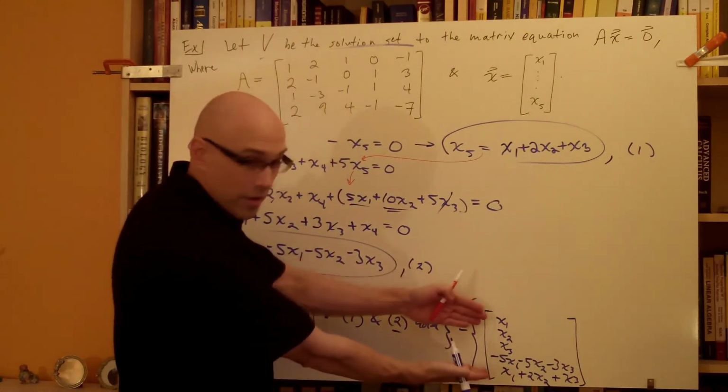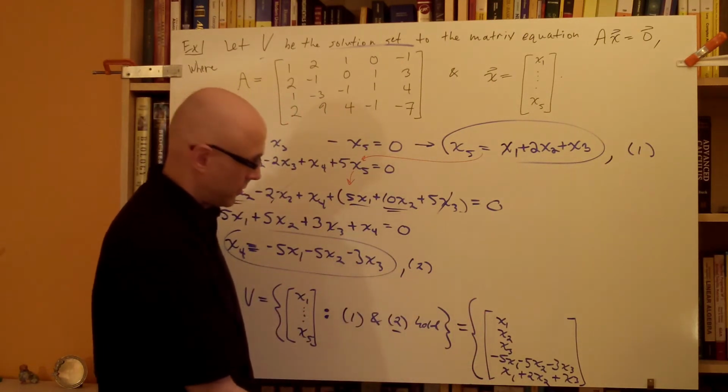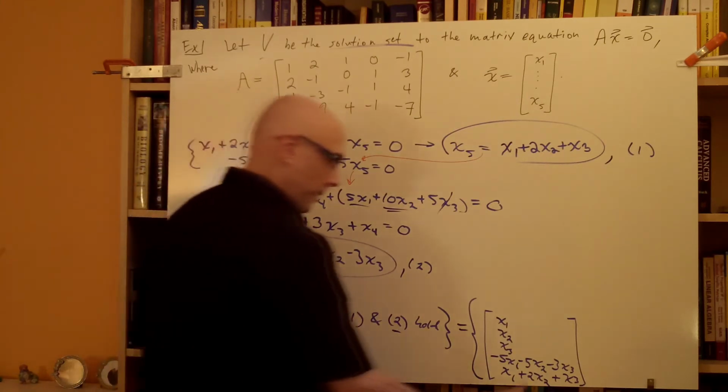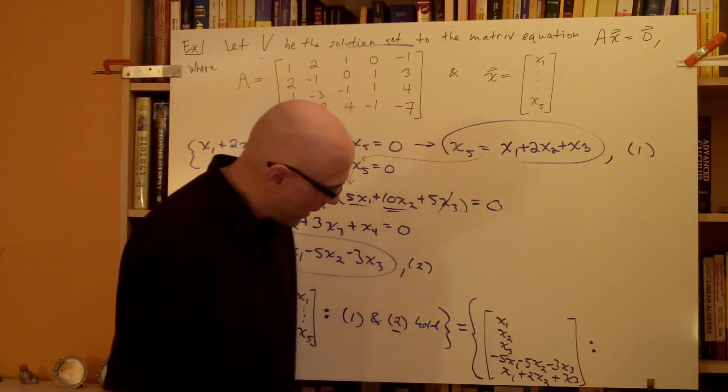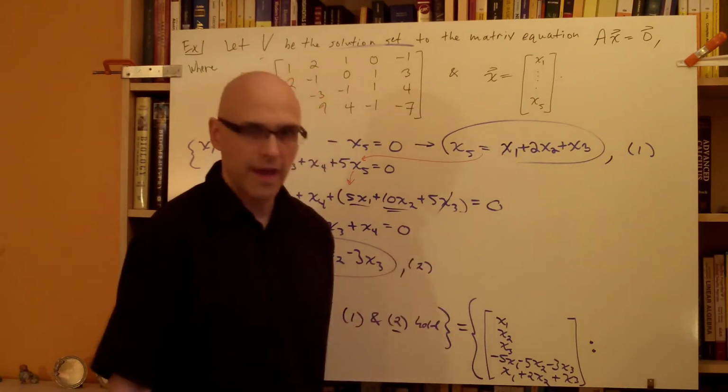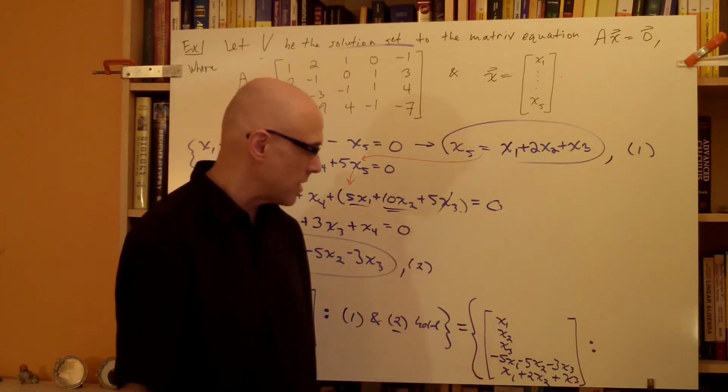That's a 5 by 1 vector there. Such that, well, what do we say after the such that? For lack of anything else, we just simply would specify that x1 and x2 and x3 are real valued.